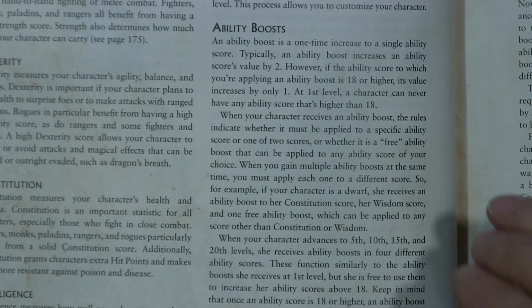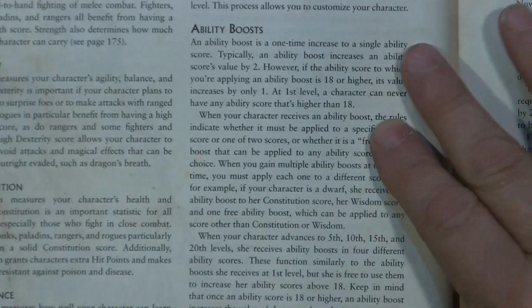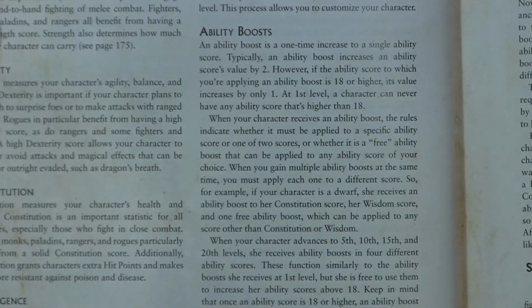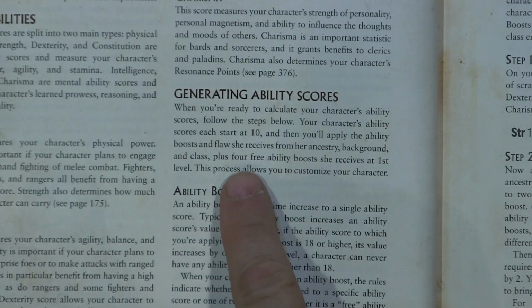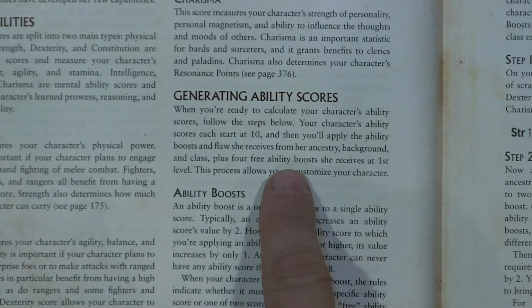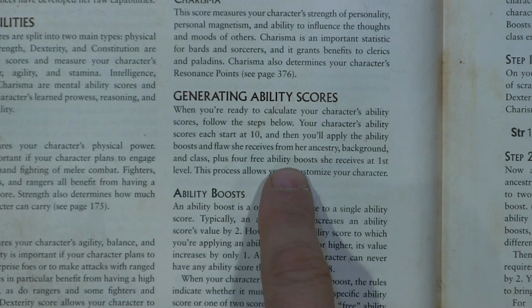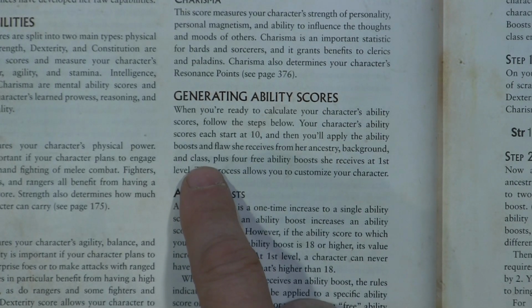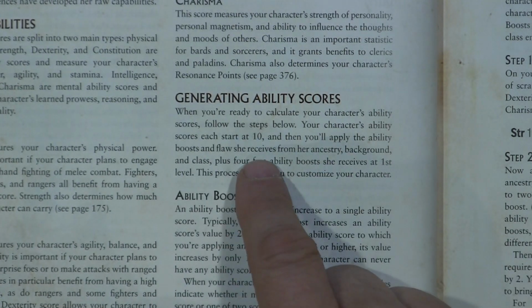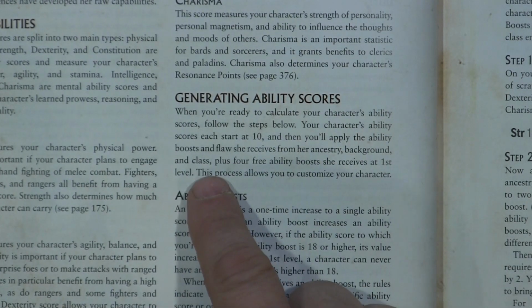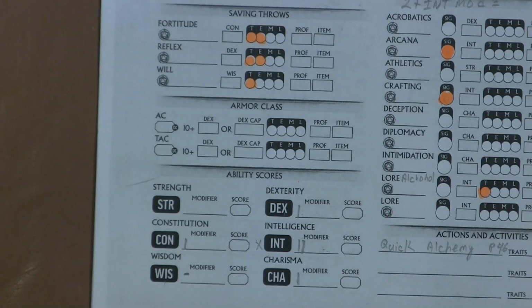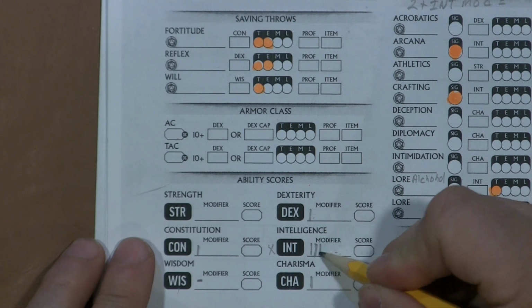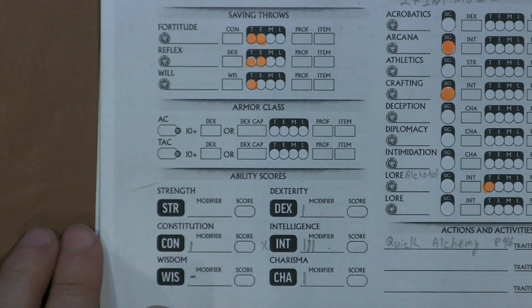And you get the ability boosts when they're basically given to you, plus everyone gets 4 free ability boosts at first level, plus you get 1 boost from your class for its key ability. So you'll apply the ability boost for flaw she receives, ancestry, background, and class. So intelligence gets boosted another 1, and then we get 4 to put anywhere we want, but they can't be duplicated.